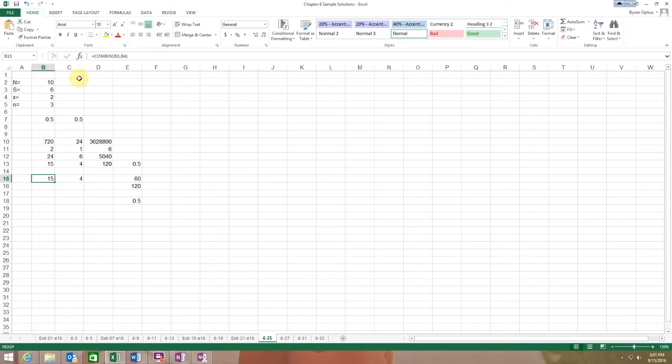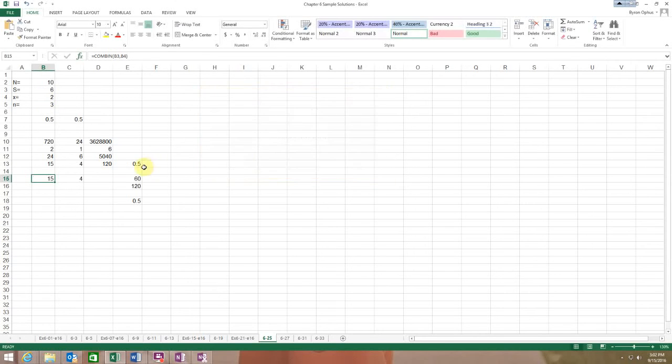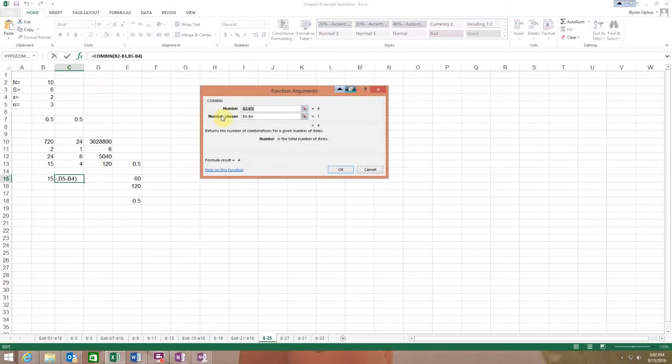So if you look on page 192, I can do the combination of my S, okay, which, there you go, and my X, which is my 2, okay, and then for this one it's the combination of my big N minus S, so a combination of 10 minus 6, and then the combination of my little n minus my little x, or 3 minus 2, okay, so that's equal to 4.